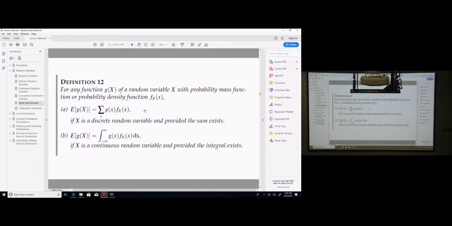The expectation of the function of X, g of X, is just changing your X in the definition to g of X. You just follow whatever it is, multiply it with the probability. So this is a weighted average of the function of your X, all right? The same function. And in the continuous case it would be the same, except that now I change my summation sign to an integral sign.